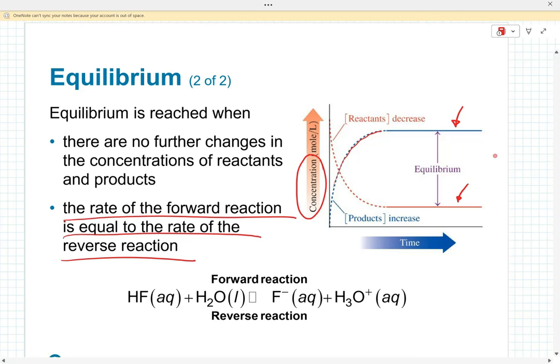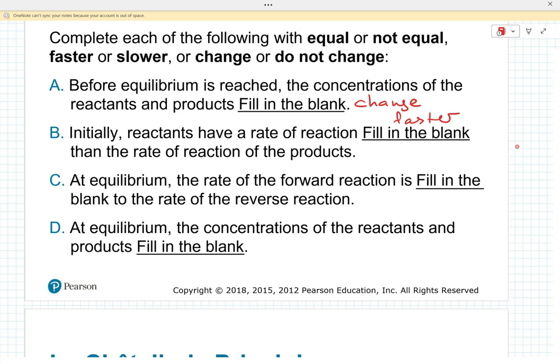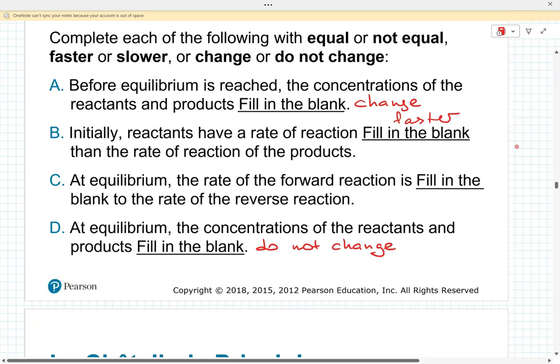You see? They are changing, yes. When they stop changing, the equilibrium is reached. So at equilibrium, the concentrations do not change, and the rate of the forward and the rate of the reverse are what? Equal.